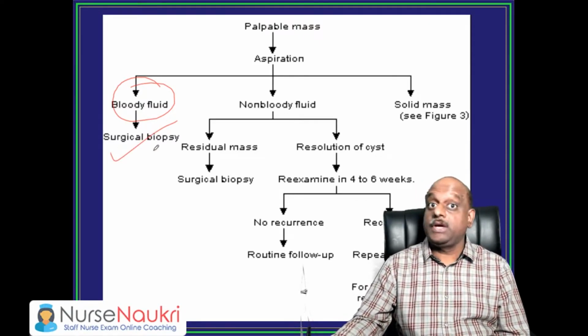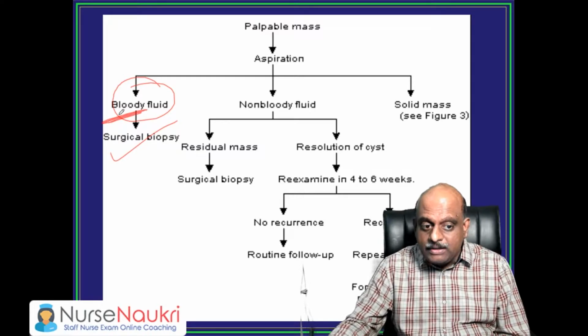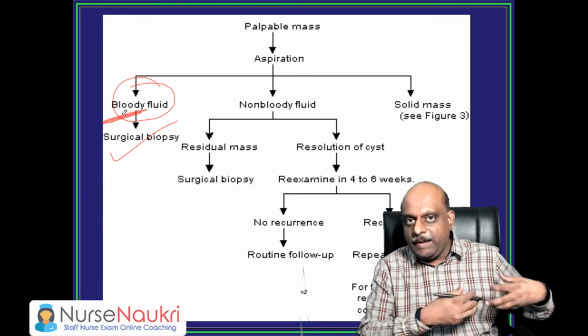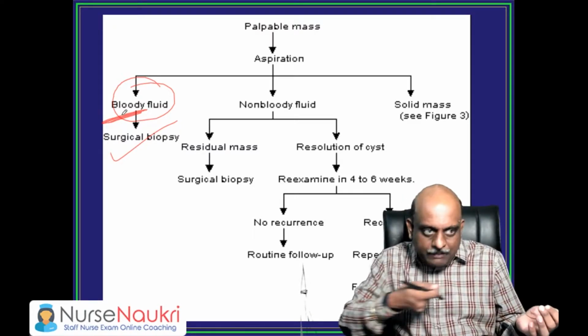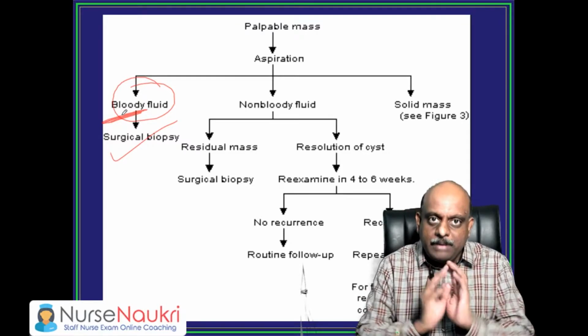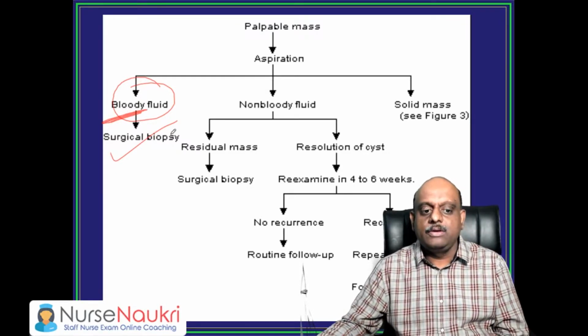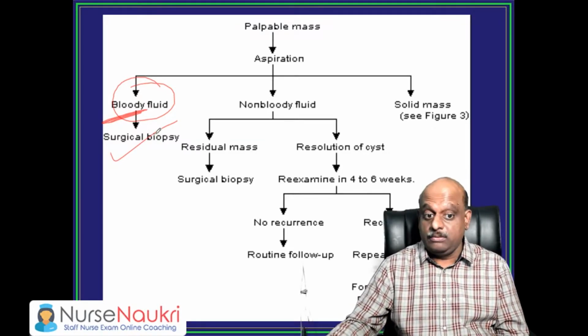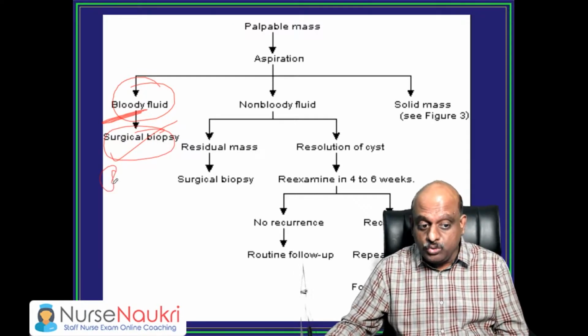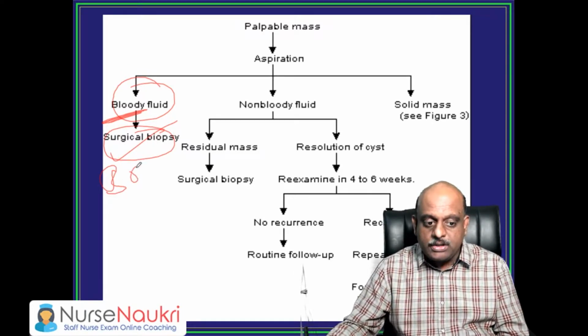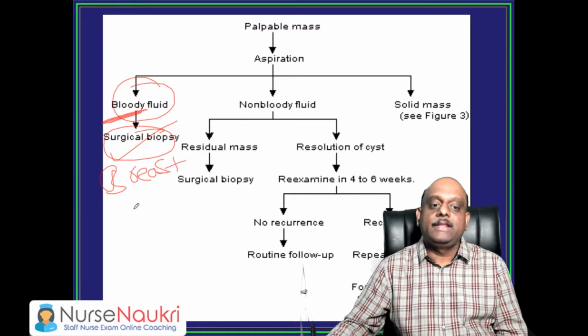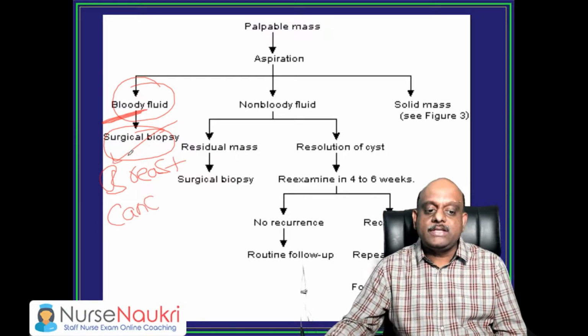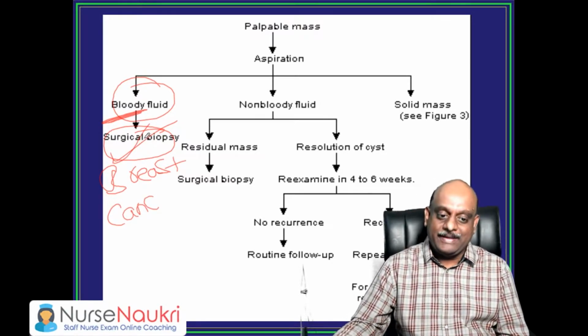You have to do a surgical biopsy, because when there is a palpable mass and you happen to aspirate blood, then you have to be careful. You need to be very sure to rule out the possibility of breast cancer. So that's the reason a surgical biopsy has to be ordered.